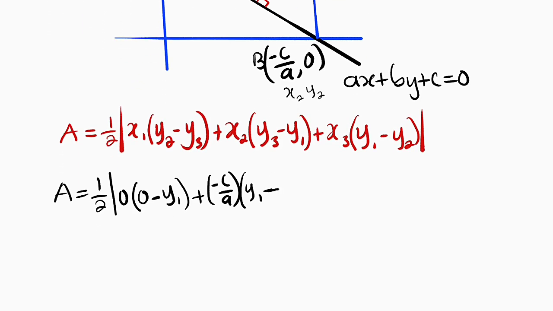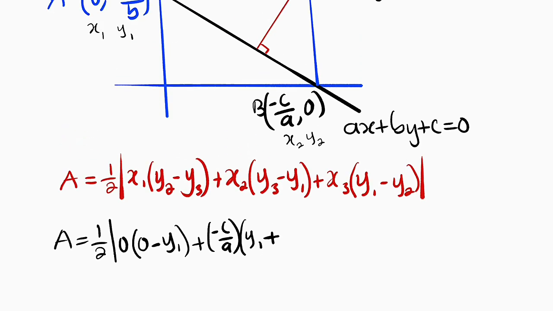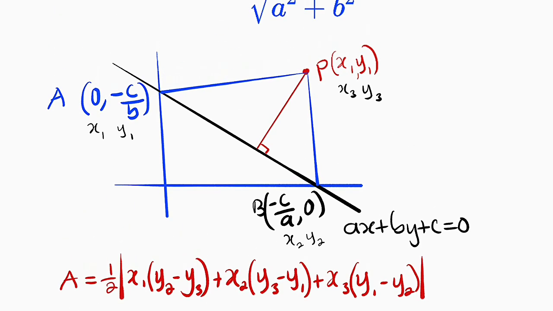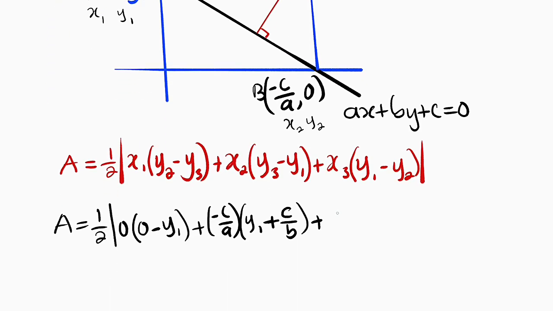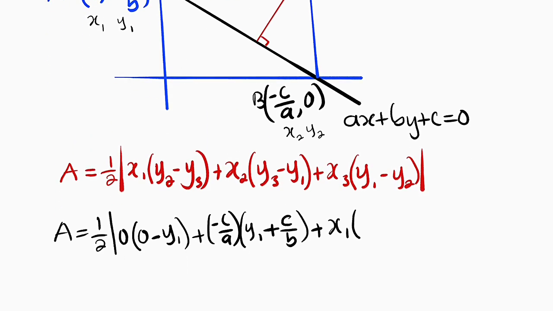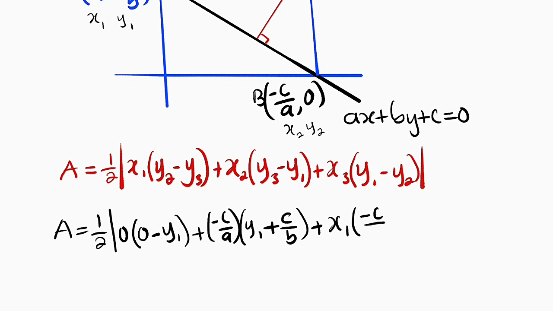But because we have a negative here, together with that negative, we have positive c divided by b. Then plus x3. x3 is x1, which is at point P, multiplied by y1, which is negative c divided by b, then minus y2, which is 0.